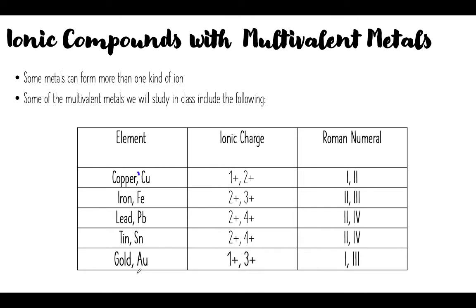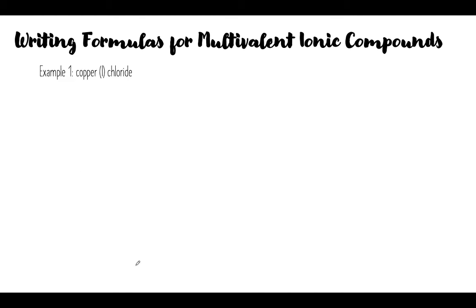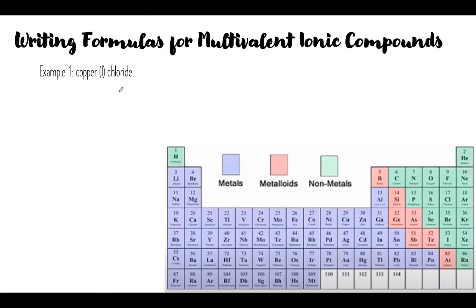All right. So having gone over that, let's see if we can write the chemical formulas for this particular compound. Just like we did previously, we're going to need a periodic table, and I'm going to find copper on my periodic table. It's right here. So my element symbol is Cu.